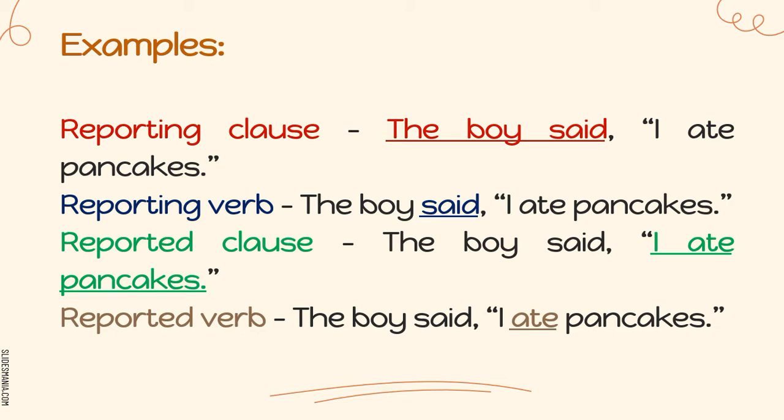And then next is the reported clause. So what is your reported clause? Your reported clause shall be what is inside the open and close quotation mark, which is "I ate pancakes."